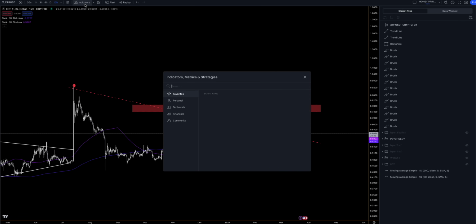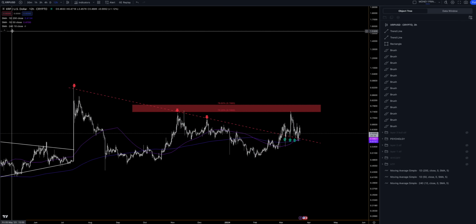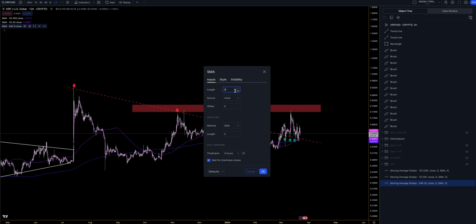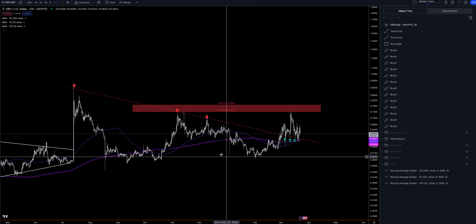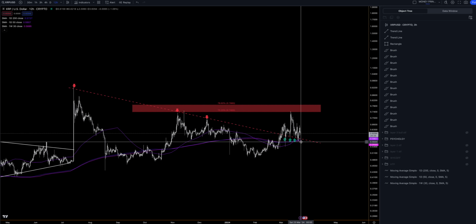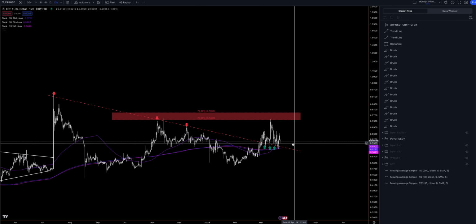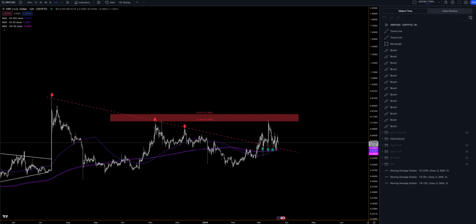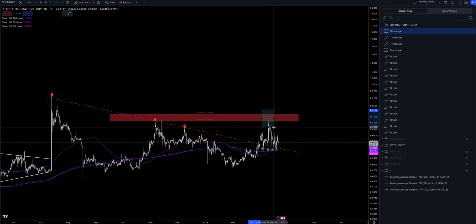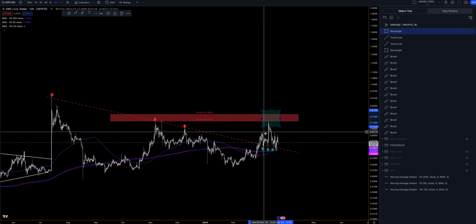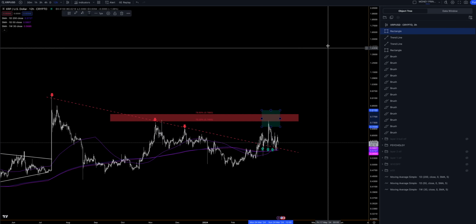Holding above the 50 and 200, as well as the 30-week SMA, popularized by Stan Weinstein. Okay, this is the 30-week SMA. You see how we're perfectly holding above it? Okay. Now as soon as you get over this region over here, it's going to be very parabolic from there.